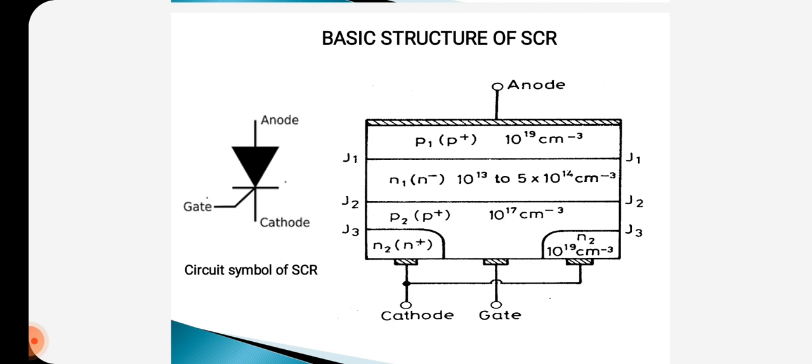N plus, P plus, N minus and P plus, these are the layers of SCR, and the shaded portion shows the SiO2 layer, and J1, J2 and J3 are the junctions of SCR.